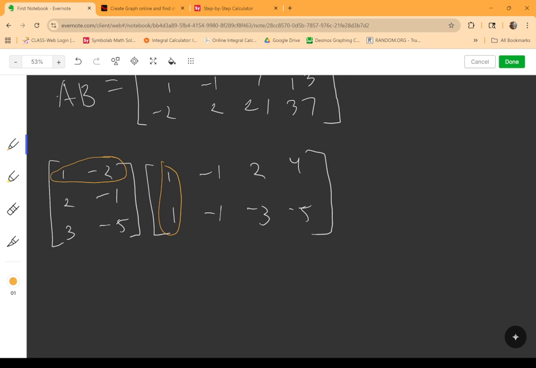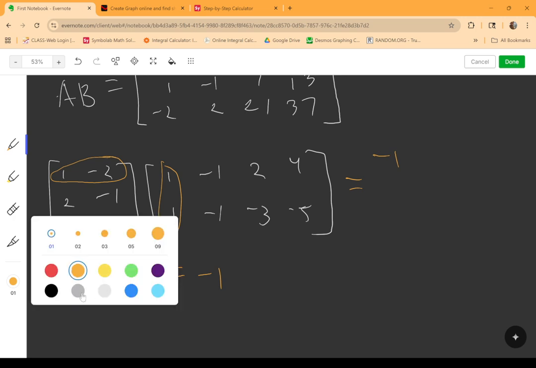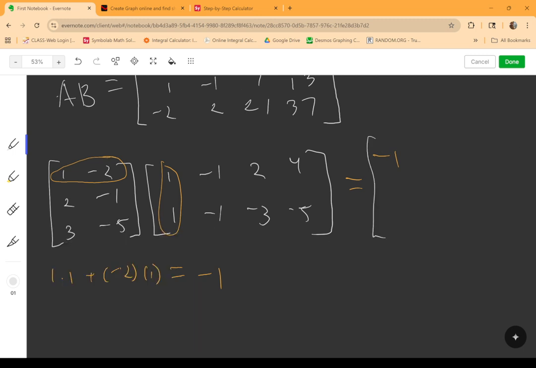I take 1 times 1 plus negative 2 times 1, and that's going to be my first element in my matrix, equal to negative 1. That gives me my first element. Now I'm going to keep working in this first column.